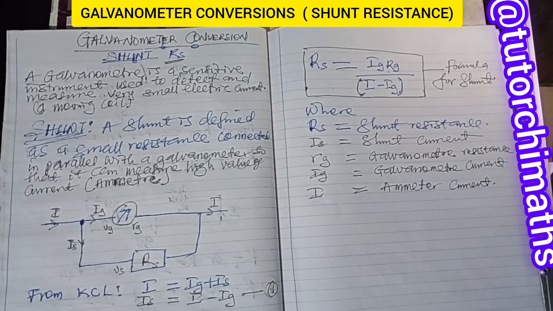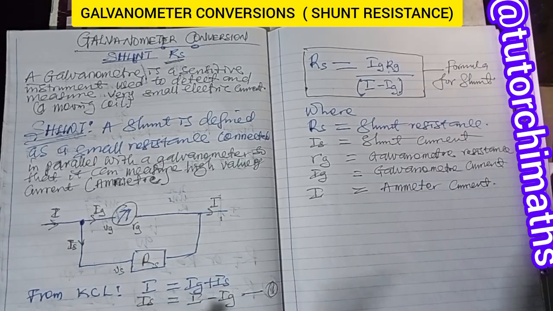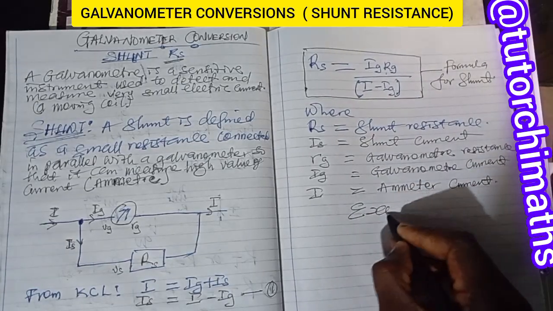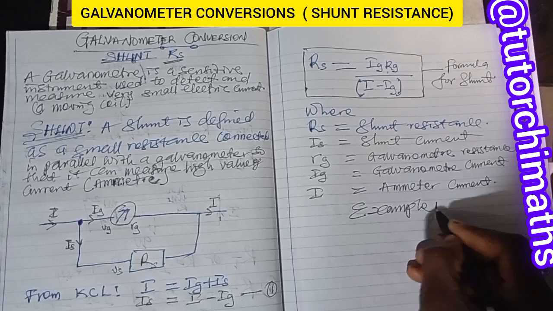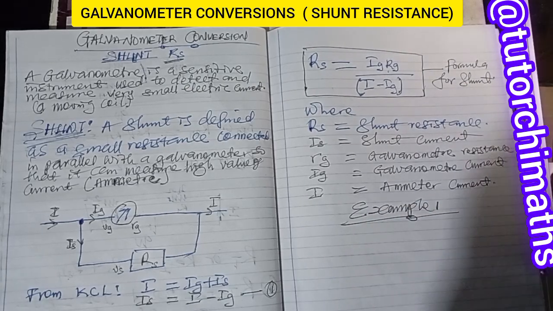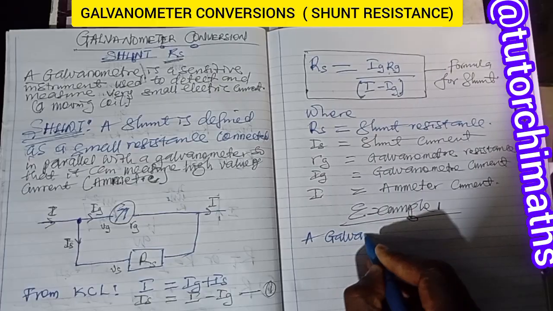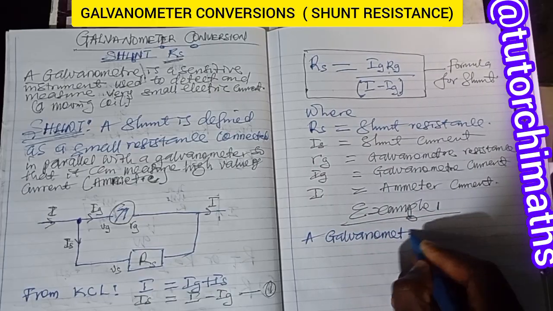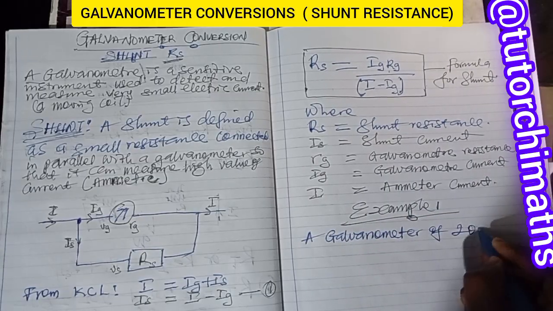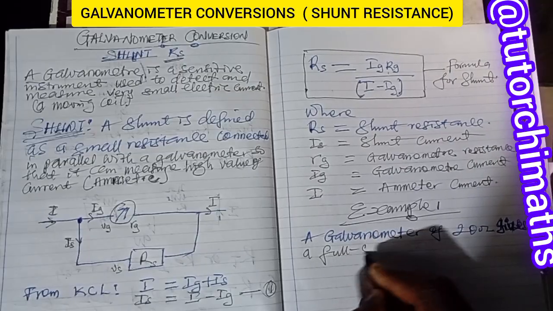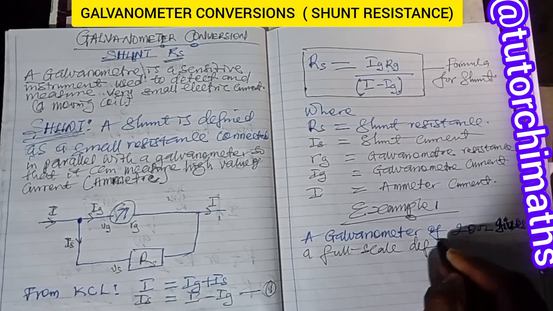Alright, now let's solve examples. Okay, example one. I have a galvanometer of 20 ohm, a full scale deflection.